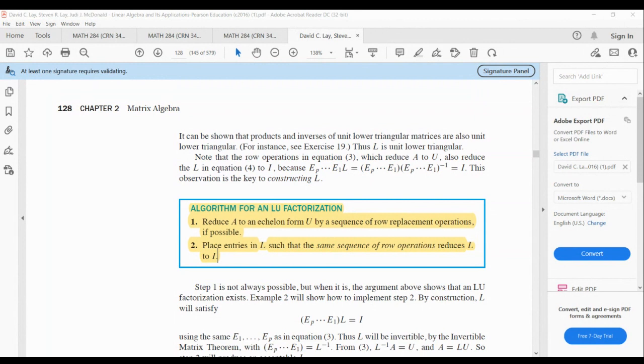You have to work it out by hand because when MATLAB does an LU factorization, it involves what's called partial pivoting, and we'll talk about that next week. So the MATLAB algorithm to do an LU factorization involves partial pivoting. It's going to involve row interchanges.